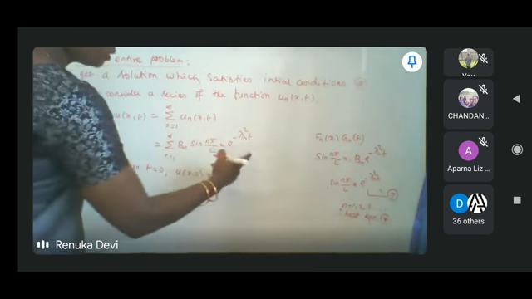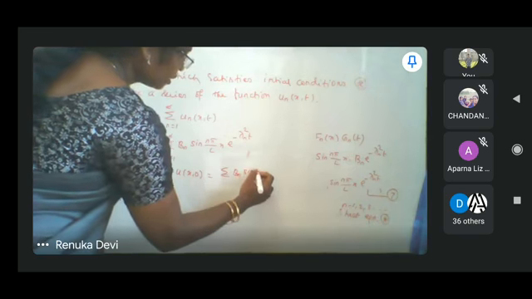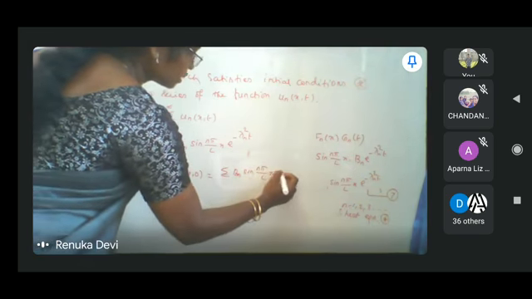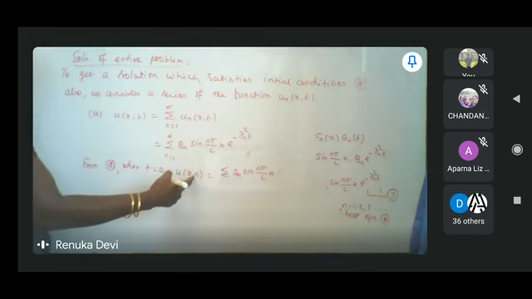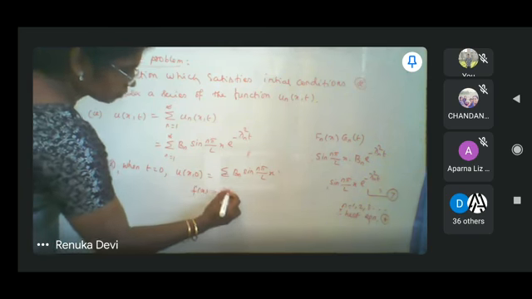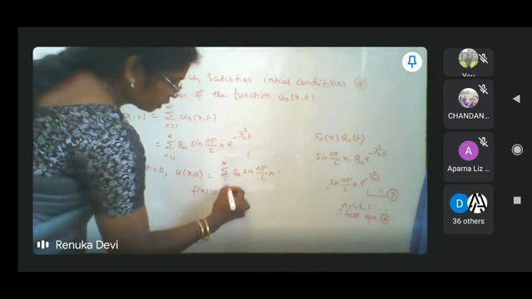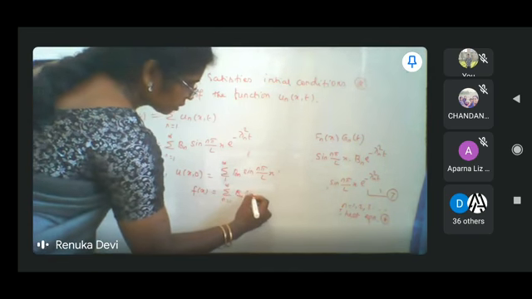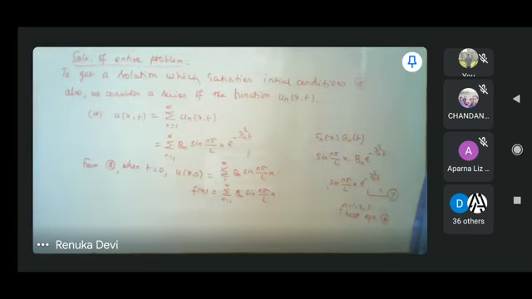You substitute here t equal to 0. Sigma bn sin n pi by L x, e raised to 0 is 1, isn't it? But u of x comma 0 is f of x. So f of x equals sigma n equal to 1 to infinity bn sin n pi by L x.